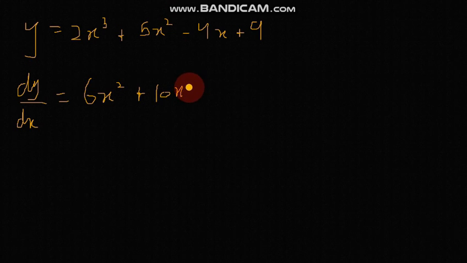So we won't write it. We know that 10x means 10x with power 1. Alright, so we won't write it anymore. Okay, and the differentiate of minus 4x we know is equal to minus 4.